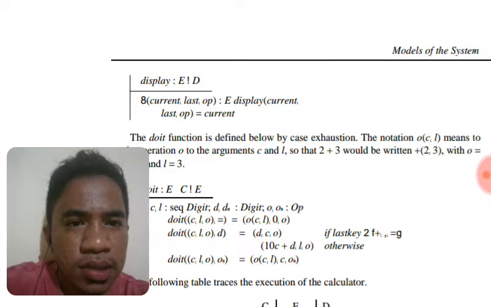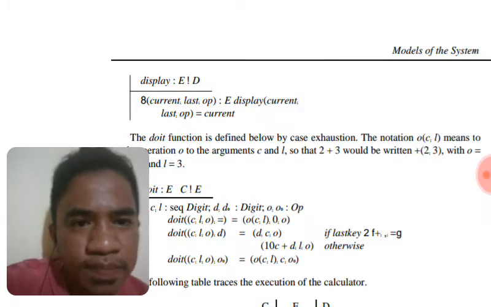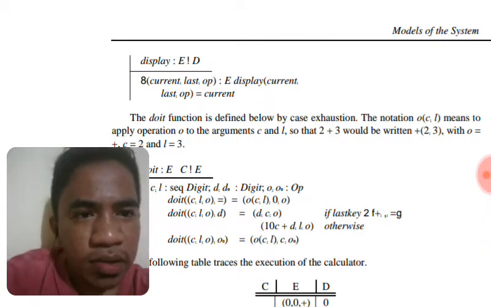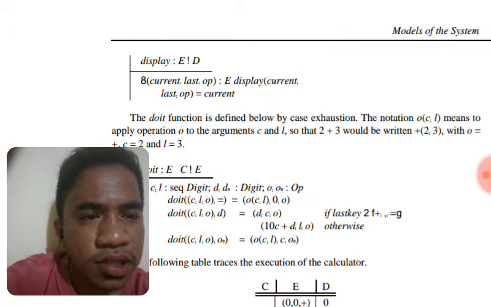Display D a current last OP. A display current last OP equals current. The do-it function is defined below by case exhaustion.